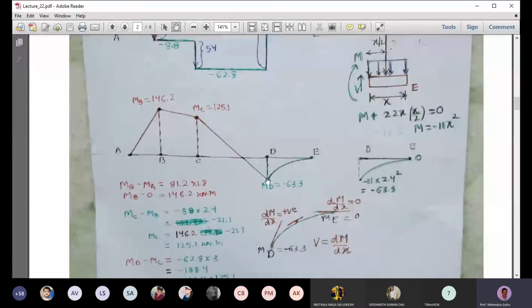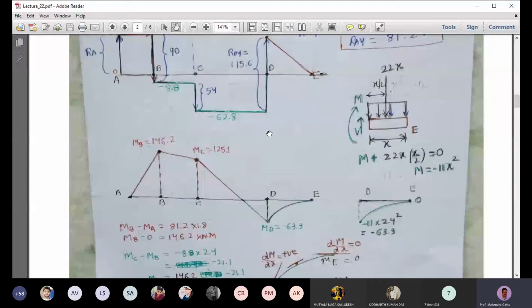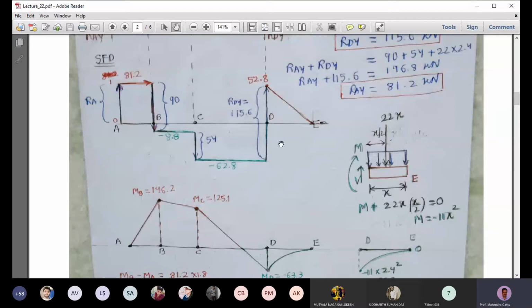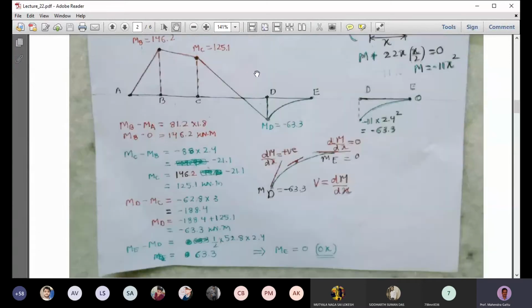Now what we have to do? Let's check what is the ME value if we do the area under the shear force diagram calculation. So what is this area? It is 52.8 into DE length by 2. So ME minus MD is equal to, it's a positive value. The area of the triangle is positive.